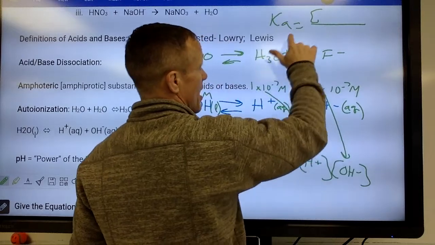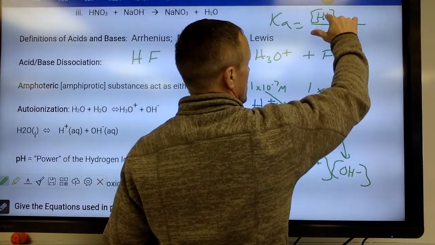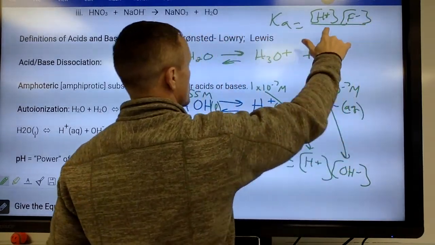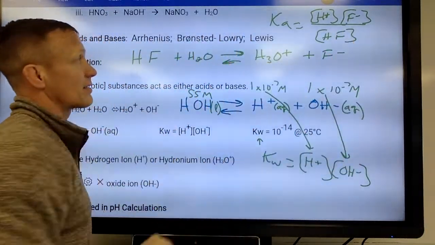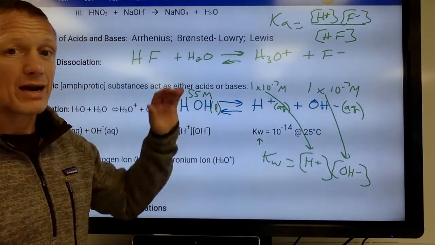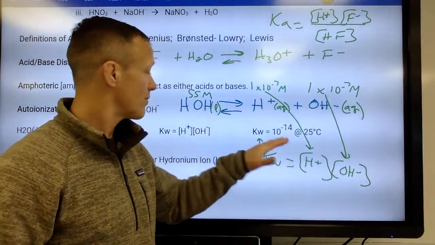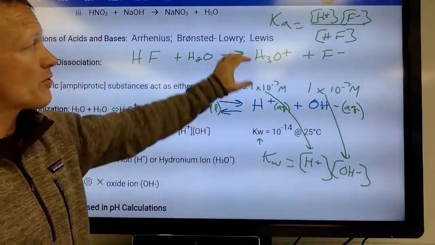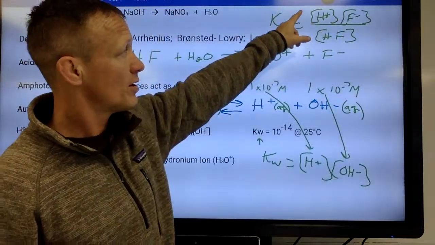Concentration of H plus ions or hydronium ions times concentration of F negative ions over concentration of our weak acid. Okay, so we're going to be writing that a lot as we go through here. For water was a liquid, so we don't do that. This was aqueous, making hydrogen ions in that. So the bigger this K value as you go along, you'll realize you get more H pluses, more F negatives. If the K value is bigger, it's a stronger acid.